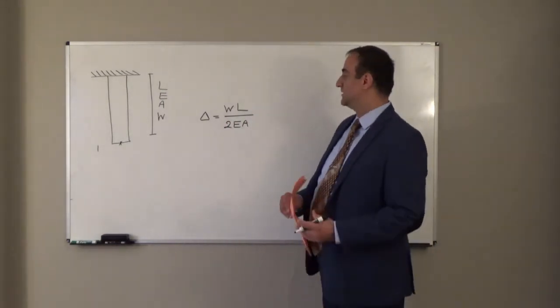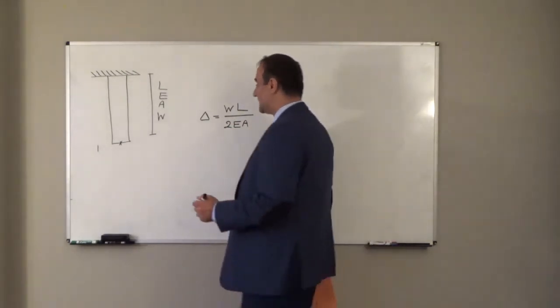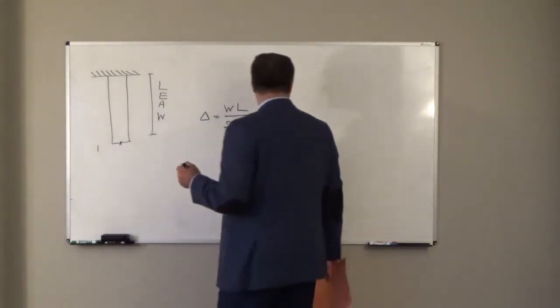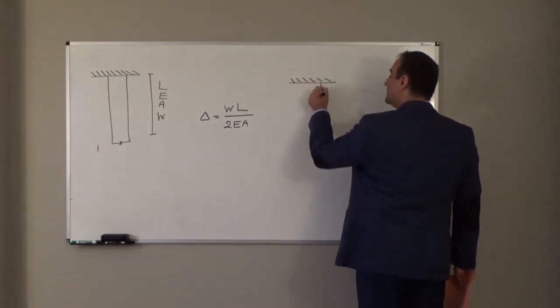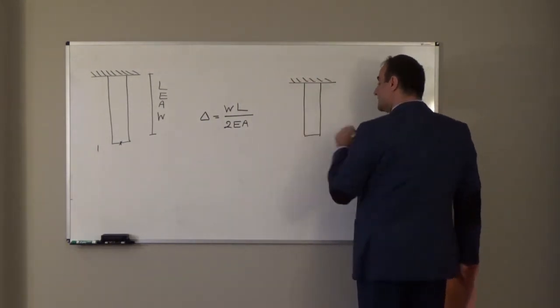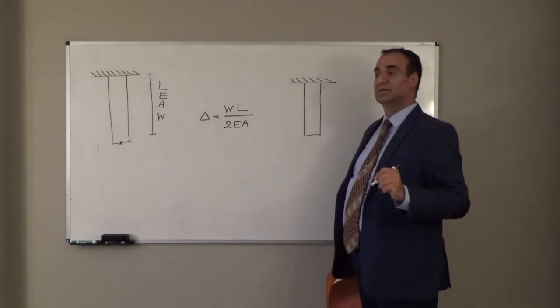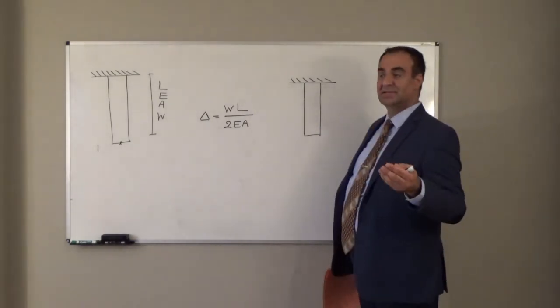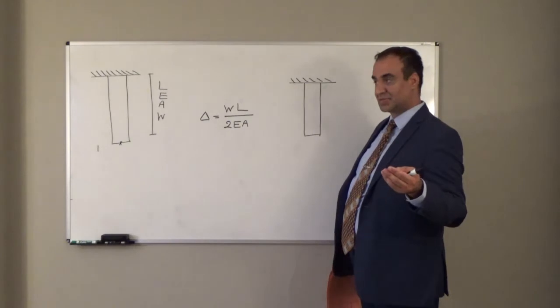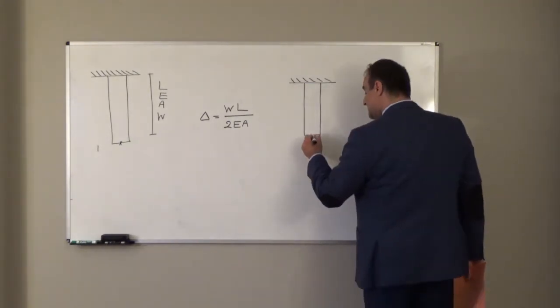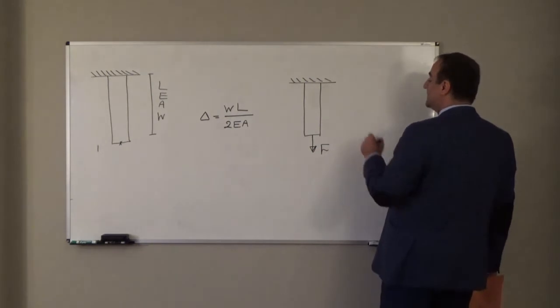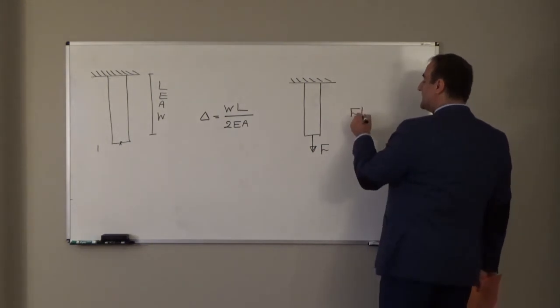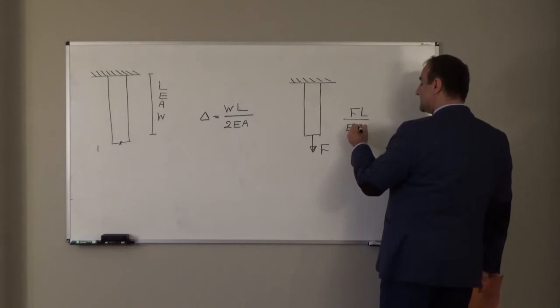Why 2EA? Because in the other problems we had, we assumed in all of them the rod is weightless. We neglect the weight of the rod, and they were always subjected to an external load, something like F. In that case we had FL over EA.